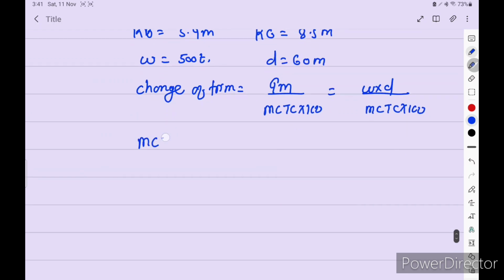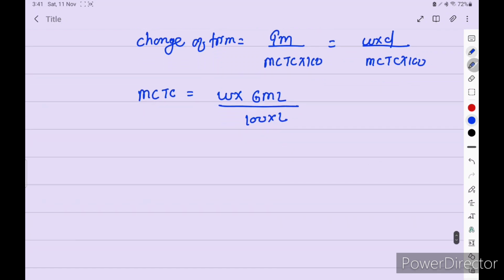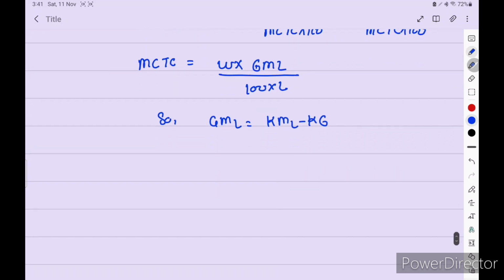And what is MCTC? W into GML upon 100 into L. And what is GML? KML minus KG.